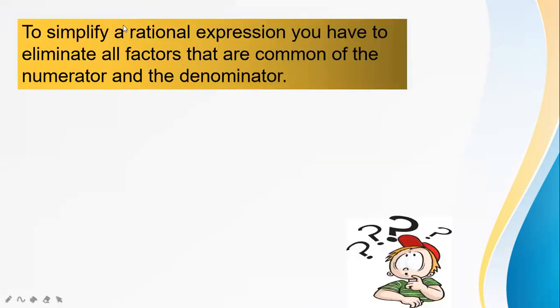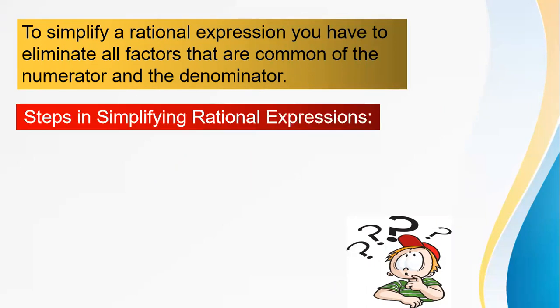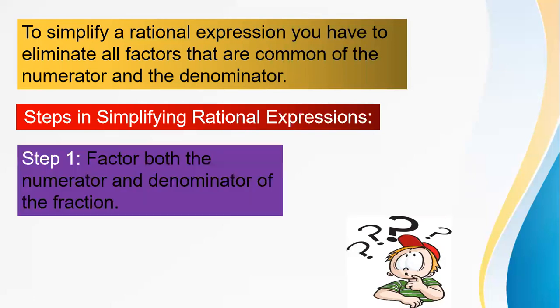Next, to simplify a rational algebraic expression, you have to eliminate all factors that are common to the numerator and denominator. These are the steps in simplifying a rational expression. First step is to factor both the numerator and denominator of the fraction.